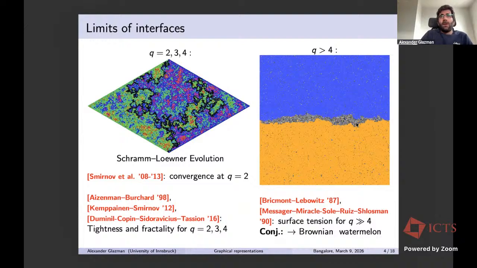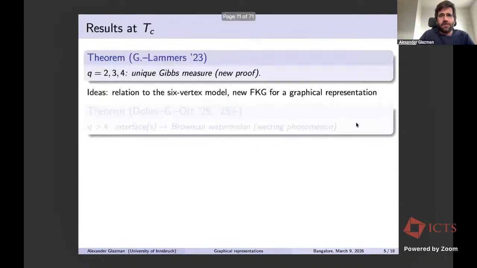Okay, so now I just state some results. So together with Piet, at Q equals 2, 3, and 4, we get a new proof for the statement that there's a unique Gibbs measure in the Potts model at T_c. So this is continuity of the phase transition. And the ideas are quite different from the original proof.